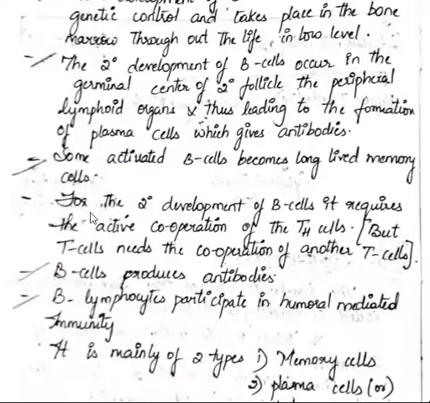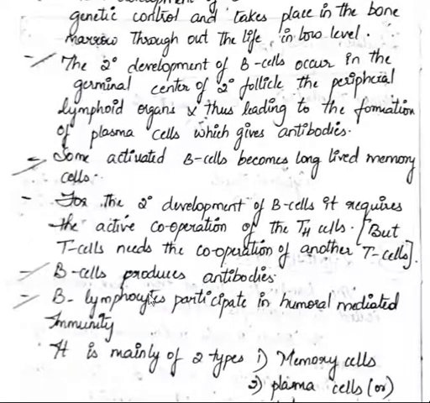For the secondary development of B cells, it requires the active cooperation of the T helper cells. That's how the T helper cells are involved in the regulation, either suppression or enhancing of B cell production. So T helper cells are required for the secondary development of these B cells.